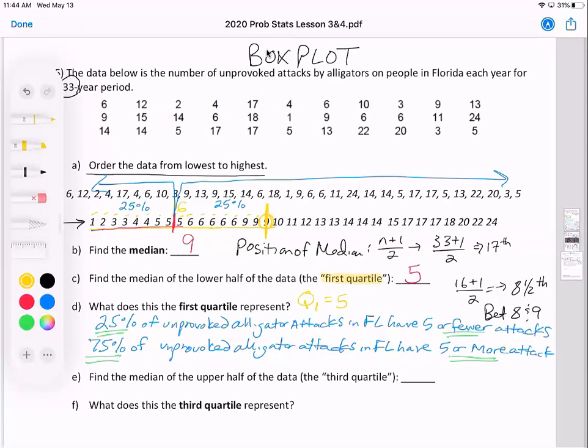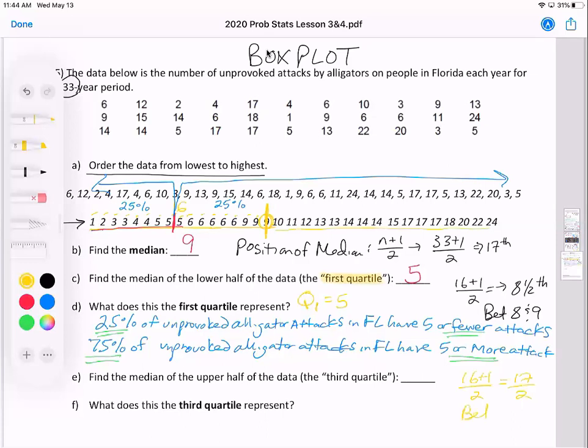Okay, so let's find the median of the upper half for letter E. To find the median of the upper half of the data, this is called the third quartile. We know that there are 16, I believe. Might as well count. 1, 2, 3, 4, 5, 6, 7, 8, 9, 10, 11, 12, 13, 14, 15, 16. So there are 16 in the upper half. So we can go 16 plus 1 over 2, which is 17 over 2.